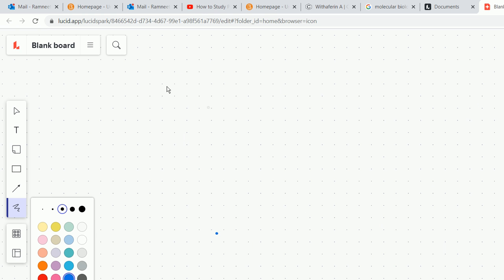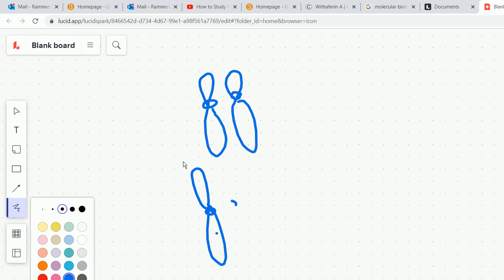Now, suppose this is the first parent. The alleles for these two different characters are present on two different chromosome pairs. So this is the first chromosome pair. Here are the alleles for the color of the peas, and this is the first chromosome set.